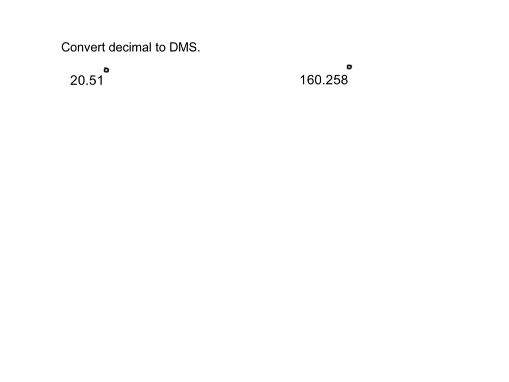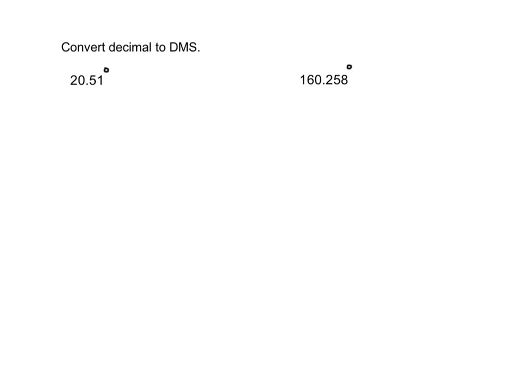Now, what if they give you the decimal and they want you to convert to degrees, minutes, seconds? On this very first one, we know it's going to be 20 degrees. We're going to use the partial degree to find the minutes and the seconds, if there is one.